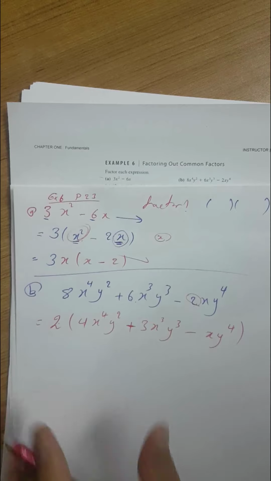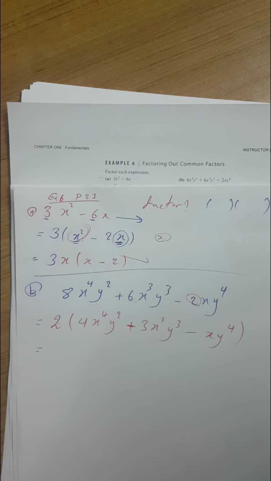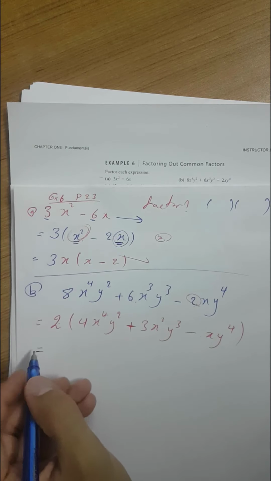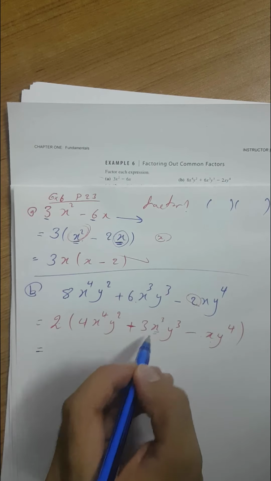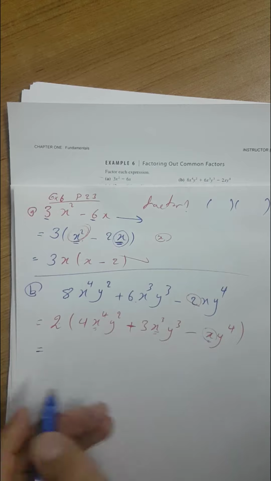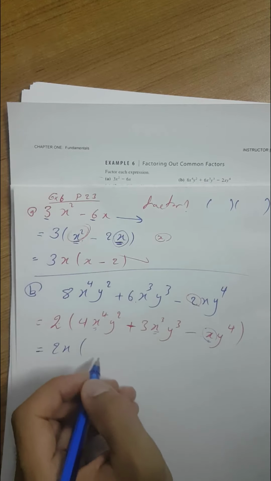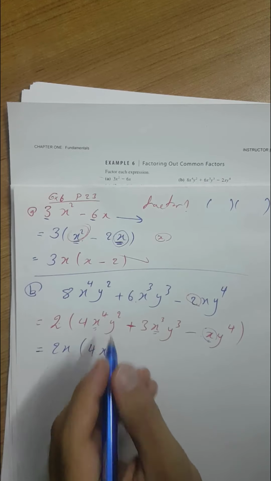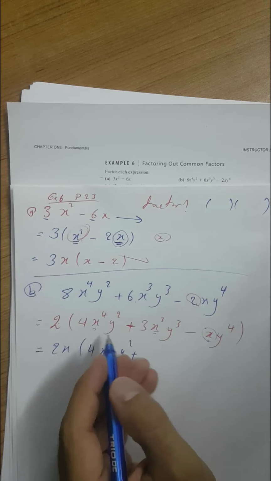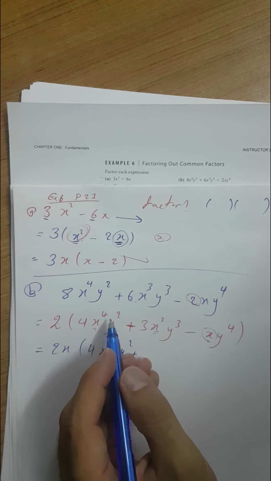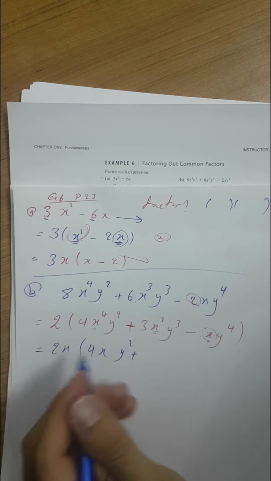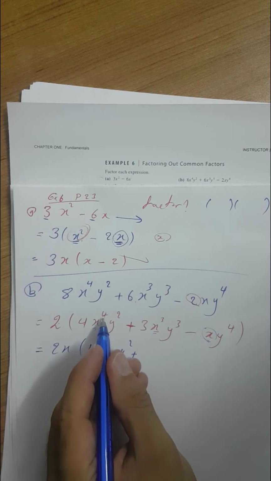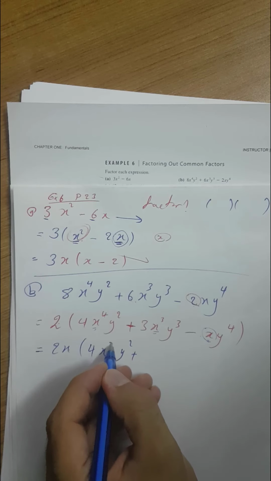Now it's time to bring out the smallest x, between x cubed and x to the power 4. Which of them is the smallest? Surely x. So it remains 4x. Now x to the power 4: if I take x out, I will get 4 minus 1 is equal to 3.